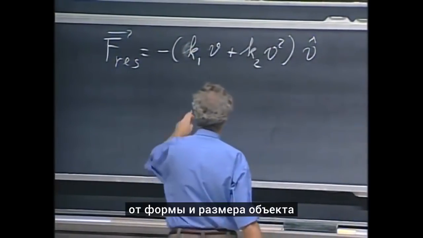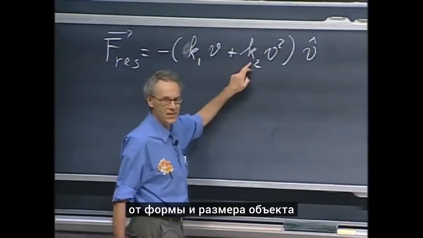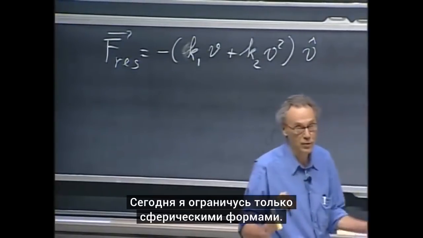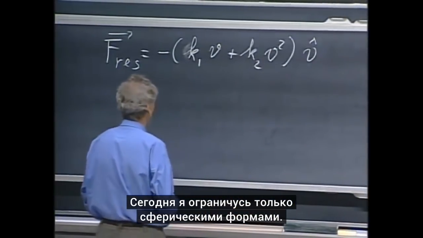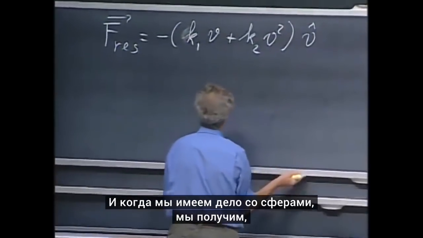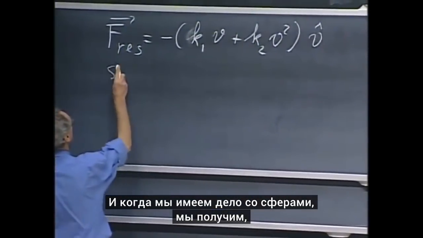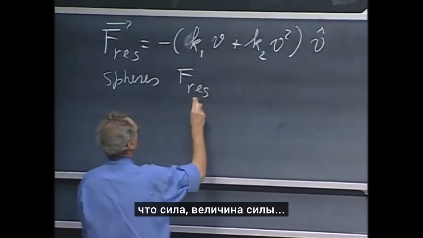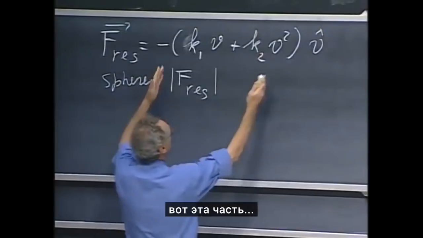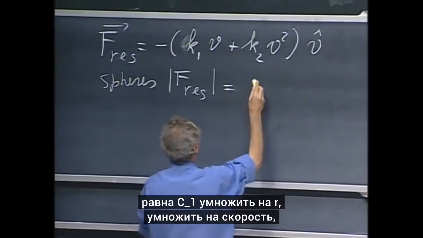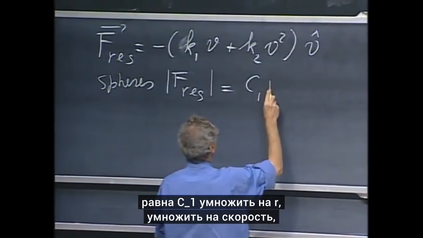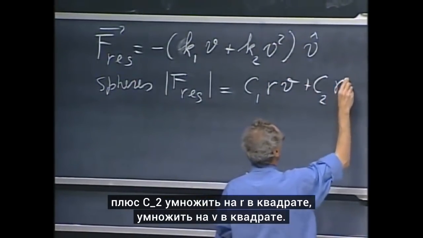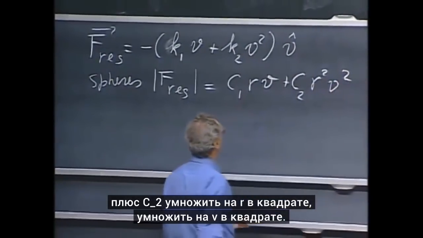And the K values depend on the shape and the size of the object and on the kind of medium that I have. Today I will restrict myself exclusively to spheres. And when we deal with spheres, the magnitude of the force equals C1 times R times the speed plus C2 times R squared times V squared.